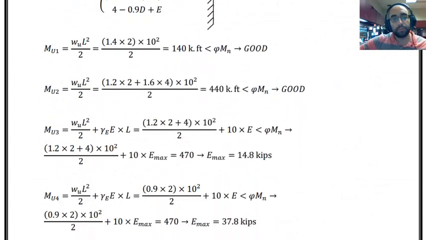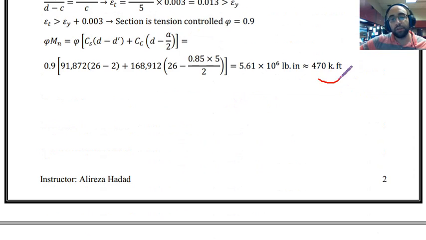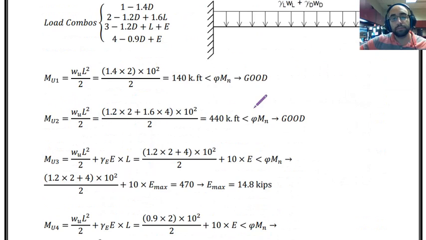So 1.4 multiplied by the distributed dead load, multiplied by L squared. L is 10 feet, that is given in the problem, divided by 2. That will be 140 kip foot. Phi Mn, as you can see, was equal to 470. So it is smaller than that, which means the section has enough strength to carry the gravity load.